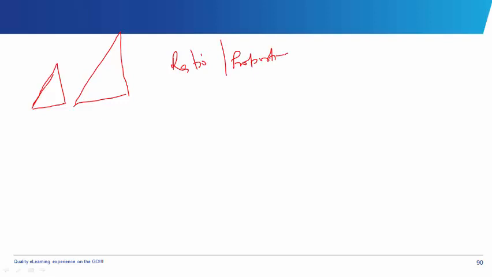When the triangle is initially like this and it's made bigger in a certain proportion, the proportion could be, this is now 2 times bigger than this. It could be 2 times or 5 times or 1.5 times.